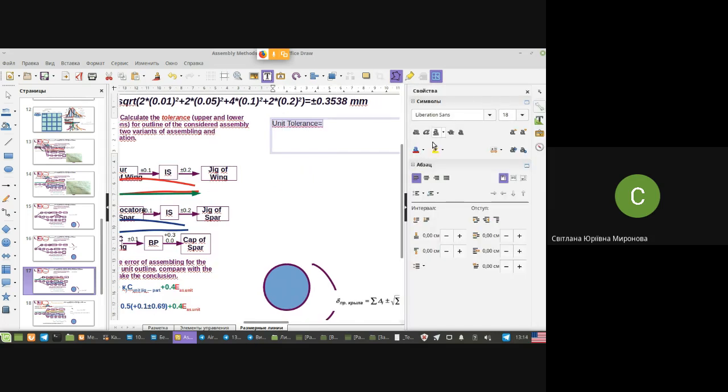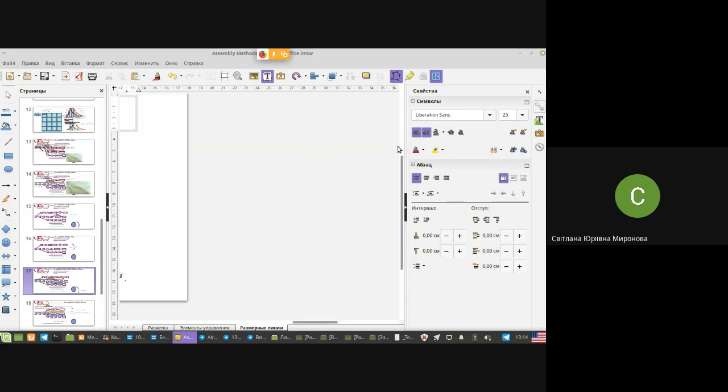The unit tolerance is plus minus 2 minus this value. What is it equal to? Help me. Thank you for your help, people.